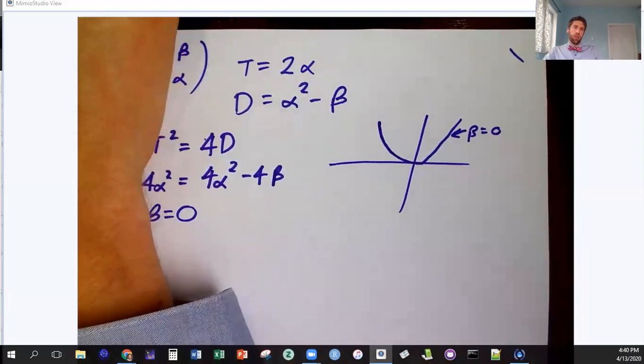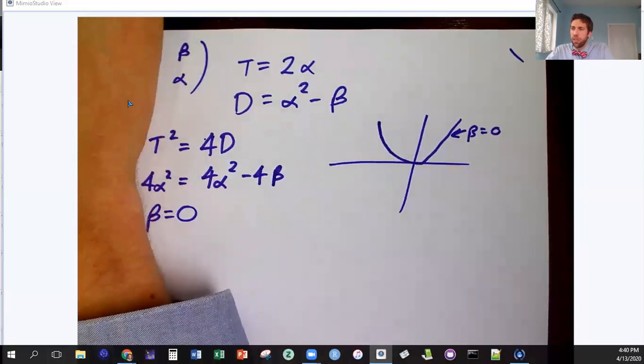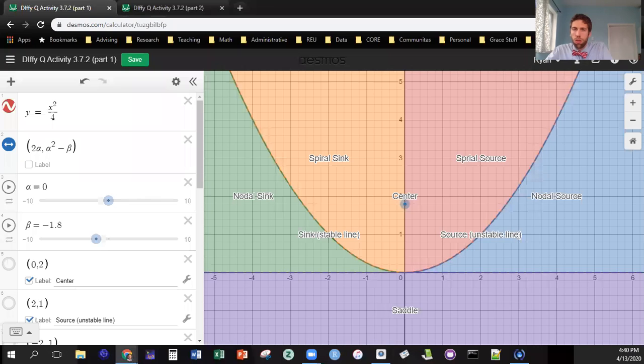Let's go to Desmos. Here, I've created a Desmos that recreates the picture from page 185, but I have some colors too.